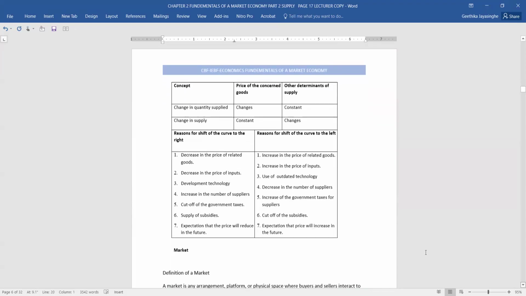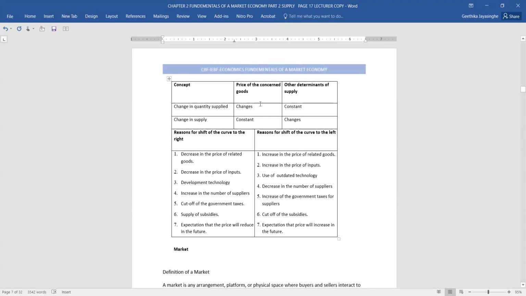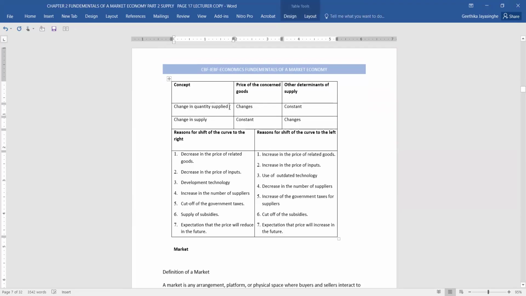It will show you change in quantity supplied and change in supply, then price of the concerned goods and determinants, and also factors shifting the curve to its right and factors shifting the curve to its left. I'm using another screen to explain this.